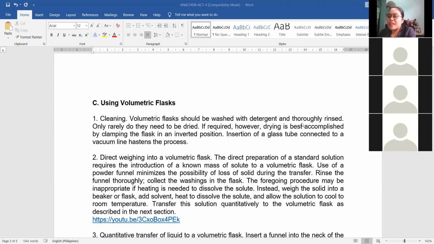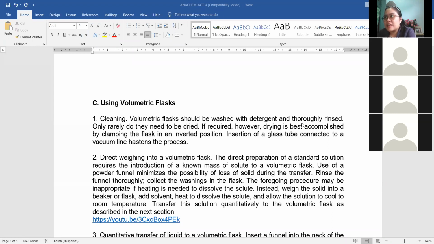And it can be cleaned also using a soapy na water or a detergent pero hindi ganun kadami para hindi tayo mahirapan maglinis ng ating volumetric flask. So, only rarely do they need to be dried. Hindi naman all of the time na kailangan i-dry talaga natin yung ating volumetric flask.